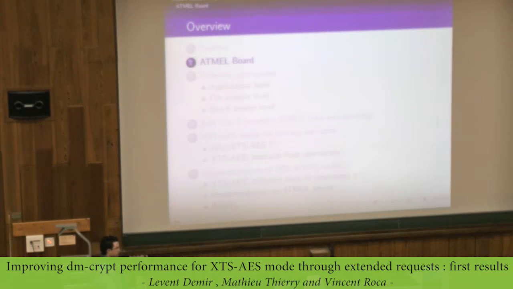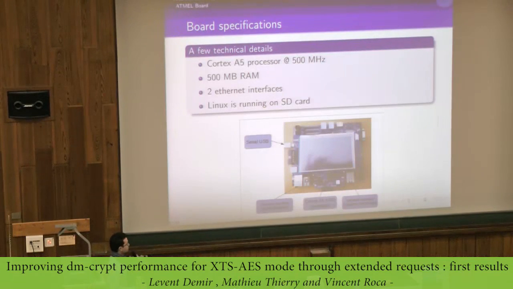So now we will see this module, this famous module in the middle. This is, for example, an AT-Mail board. You are not using the screen, but it is just to show how it is. We have 2 Ethernet interfaces, one going to the client, and one going to the cloud.